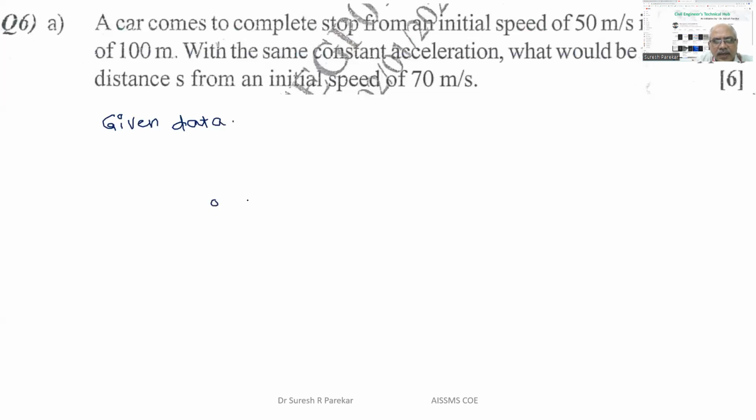So data is given: a car comes to a complete stop from initial speed 50 meters per second in a distance of 100 meters. Means the final velocity is 0, because complete stop, and the distance traveled is 100 meters.